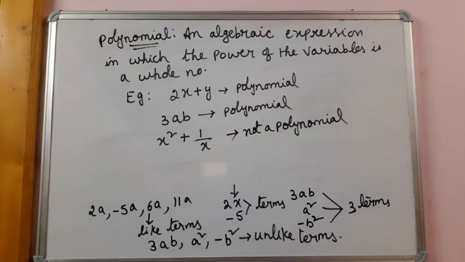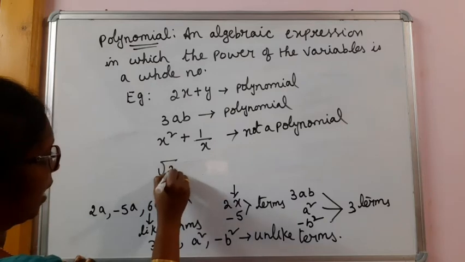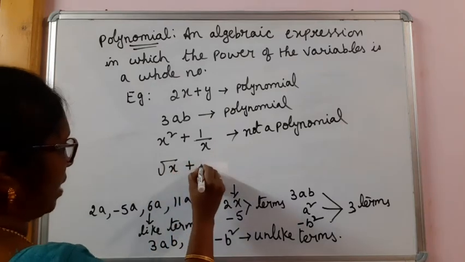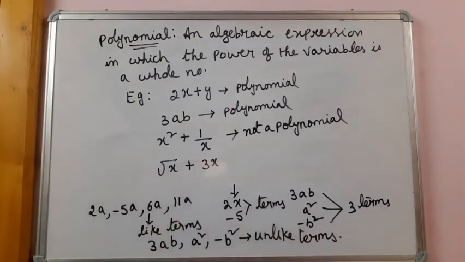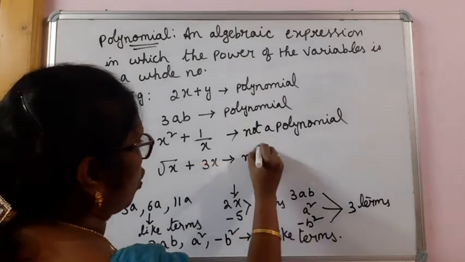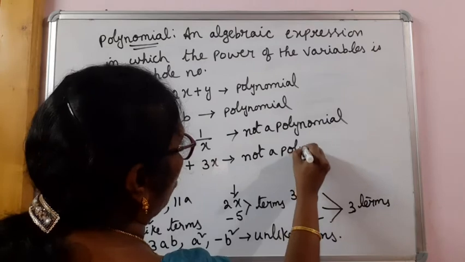Same way, square root of x plus 3x. Square root of x means x to the power 1 by 2. 1 by 2 is not a whole number, so it is also not a polynomial.